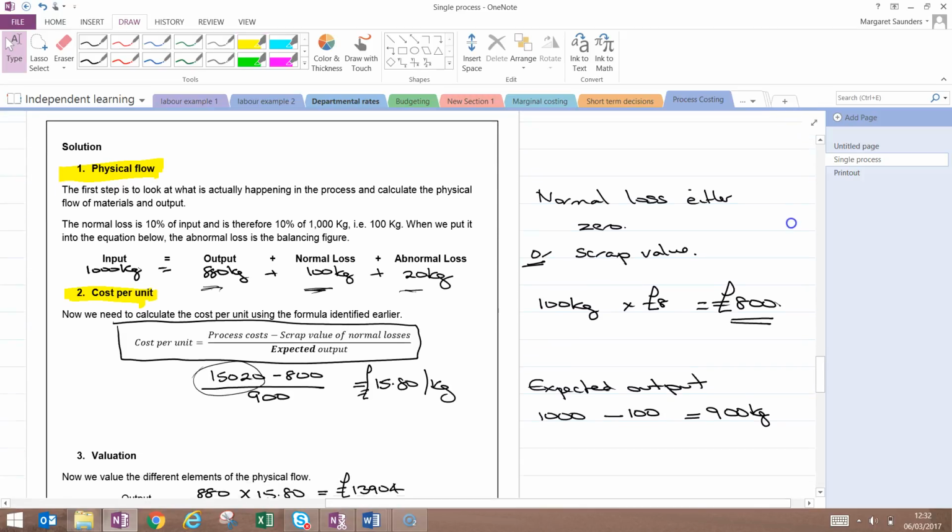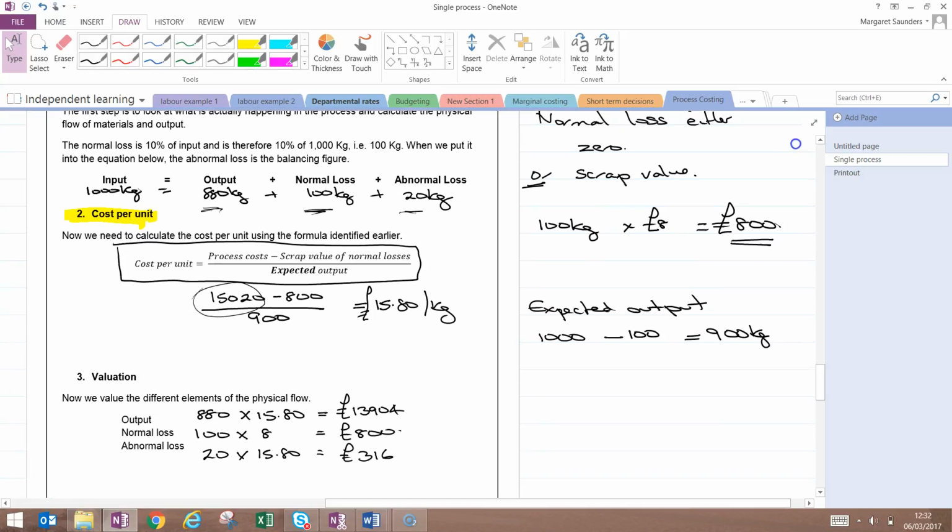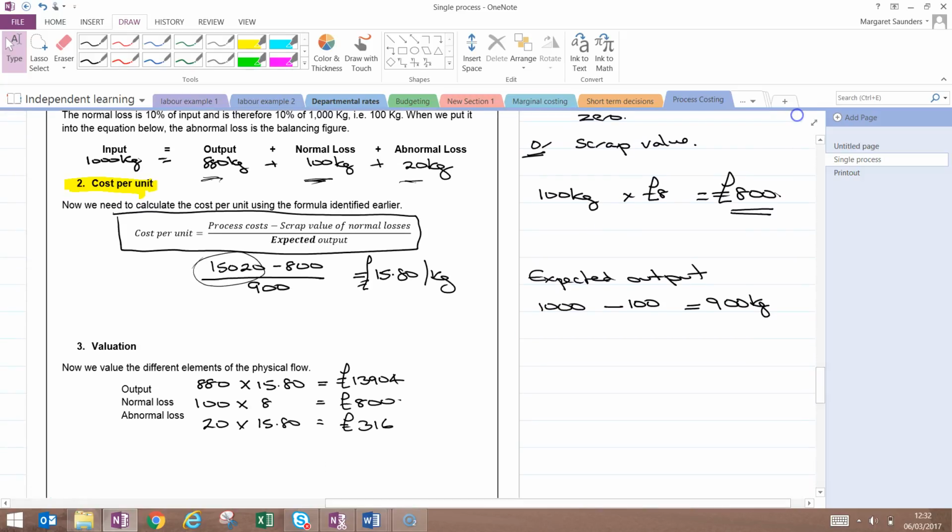With that formula, you can value everything that is on the right-hand side of the equal sign. Okay, so we're valuing our output, normal loss, abnormal loss. Bear in mind, normal loss, 2 possible valuations, 0 or scrap value.